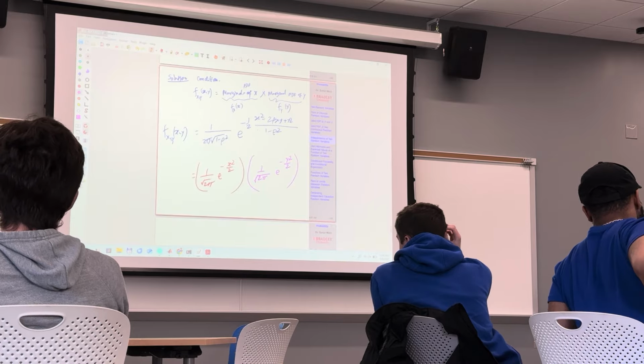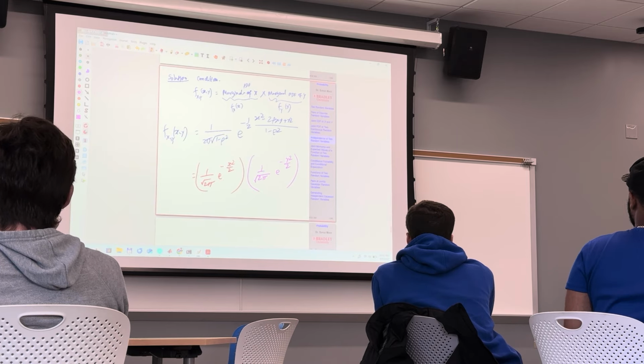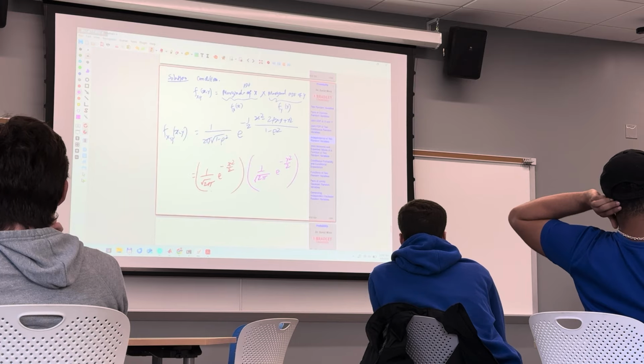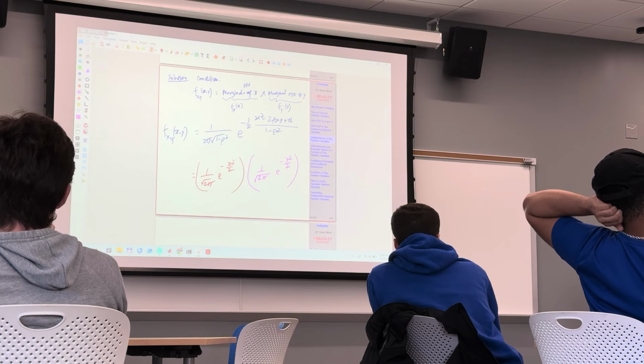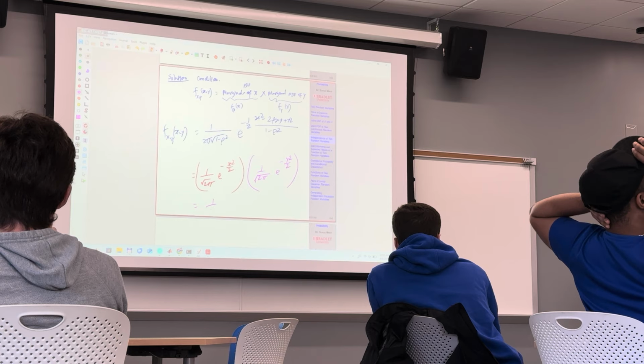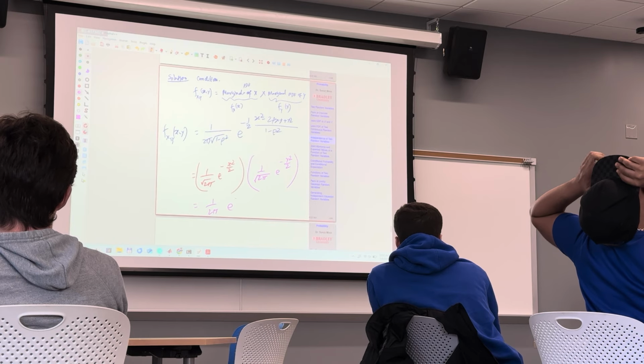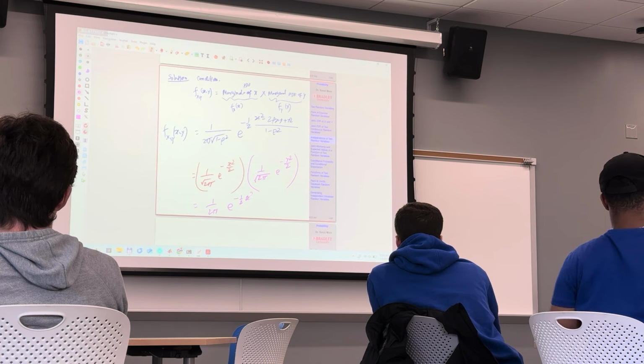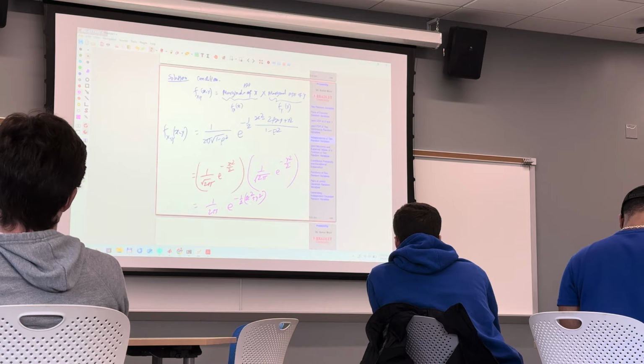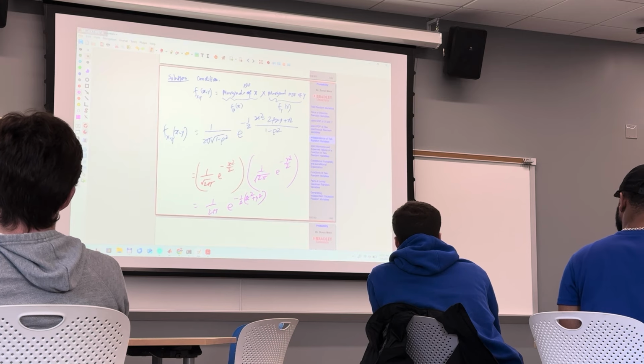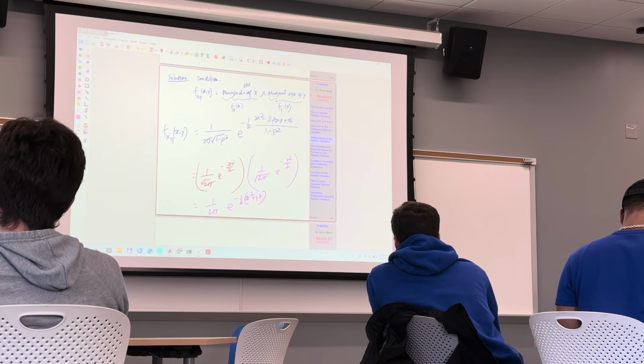And here, if you multiply e to the this quantity and e to the this quantity, what do you see? It will be 1 over 2 pi e to the negative half x squared plus y squared. You see that? Okay, you have negative half, that's okay. But x squared plus y squared, do you see in the middle you have something else? Right?